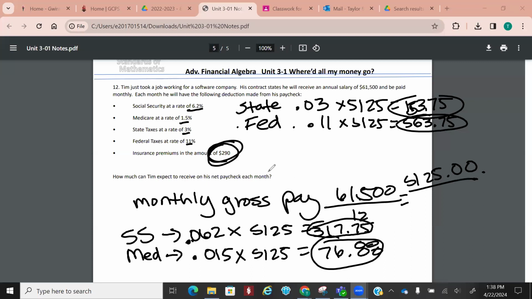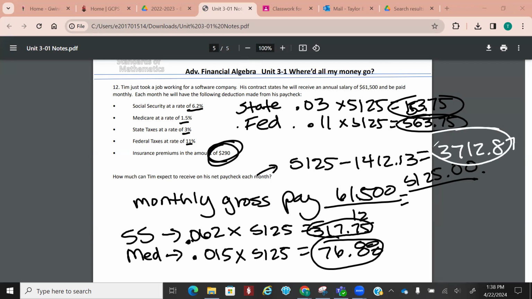All right, once you add all that up, you've got 5,125 minus what you found, which was 1,412.13. And when you subtract that, that's going to give you a take-home pay of $3,712.87. So you would walk away with $3,712. Okay, see you on the next one.